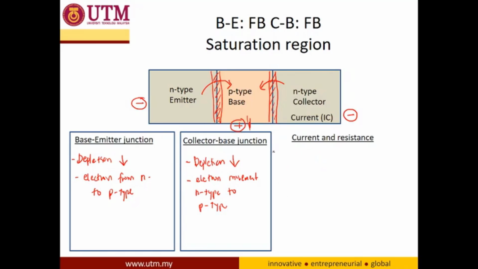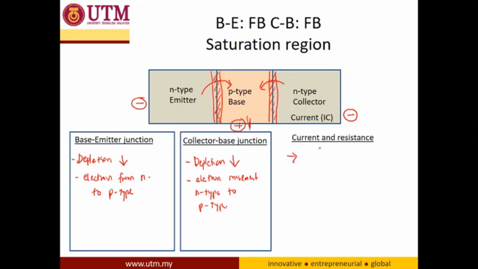Okay, so what happens here is there will be an increase of the current. The current at the emitter moves to the base, and the electron at the collector also moves to the base, but the current due to the movement of electron from the emitter is much more significant because of the higher doping of the emitter.